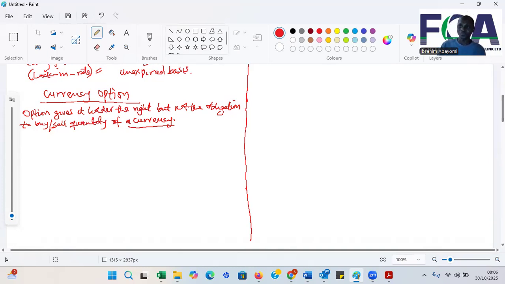Okay, so option does not tie you to a particular rate. It allows you to take advantage of a favorable movement in exchange rate in the market, unlike futures and forward contracts.